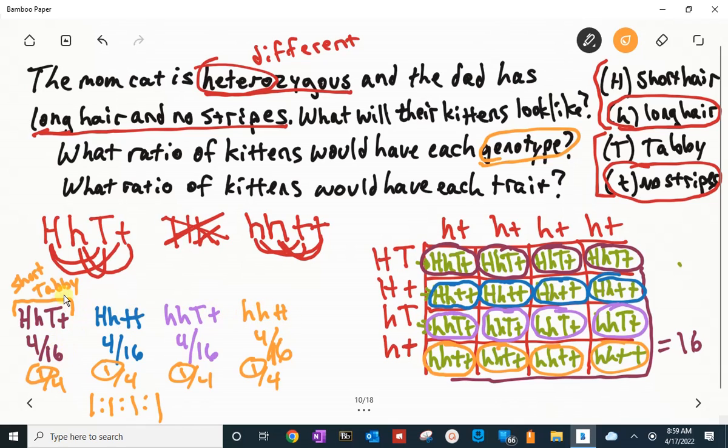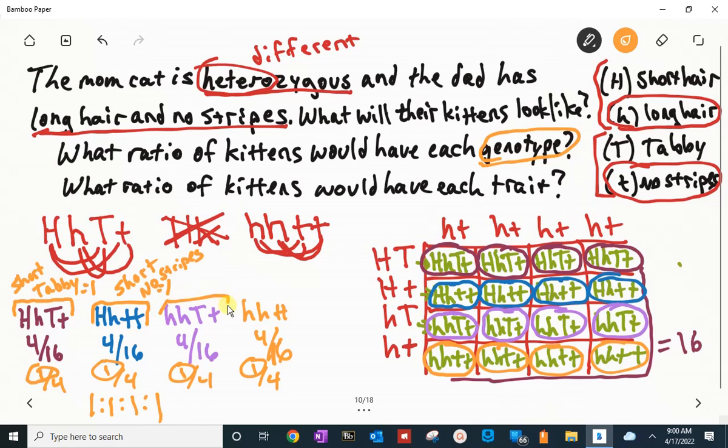So the short hair and tabby coat pattern is going to be just one. And then we have heterozygous for short hair and homozygous for no stripes. So we're going to have short hair and no stripes. And that's just going to be one.